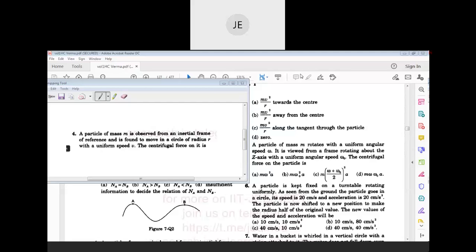Fourth question. A particle of mass m is observed from an inertial frame of reference and is found to move in a circle of radius r with a uniform speed v.